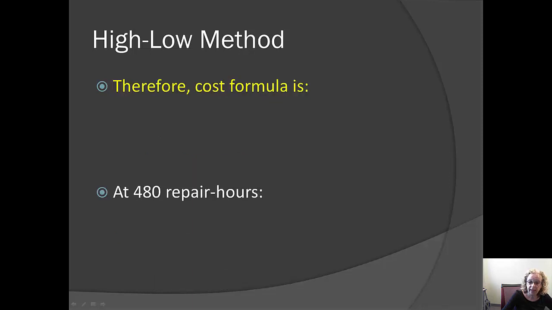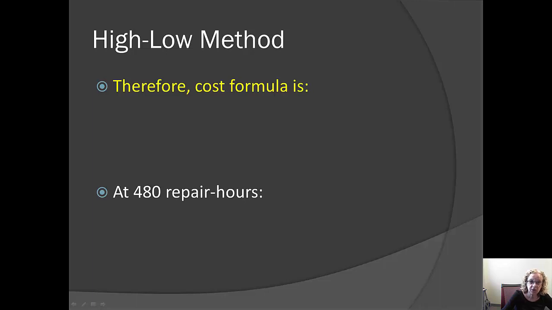Now, we can put all of this information back into a general formula for predicting total cost at any level of activity within the relevant range.